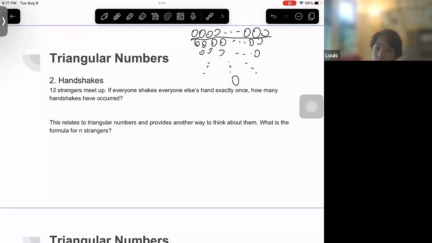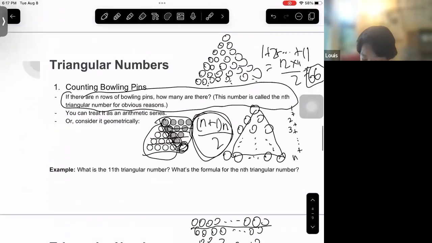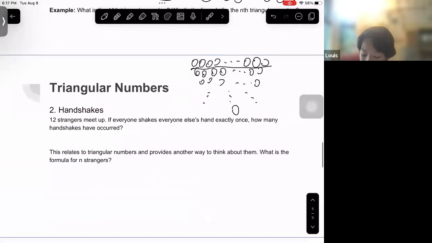So there's only one for the second to last one. So it's technically just this, and the formula is just n times n plus 1 over 2, for n plus 1 strangers meeting up and shaking hands.